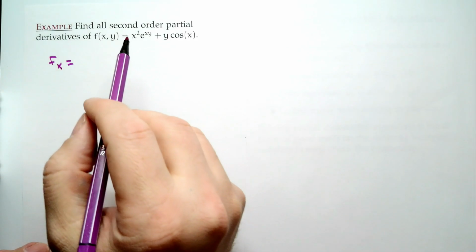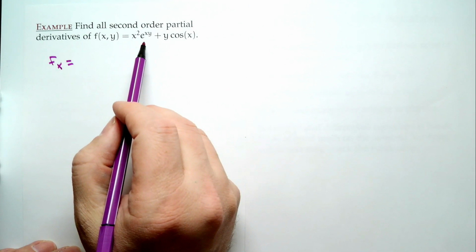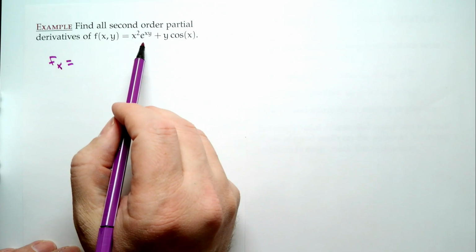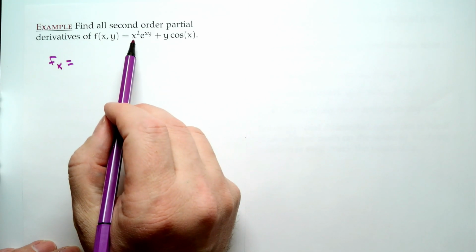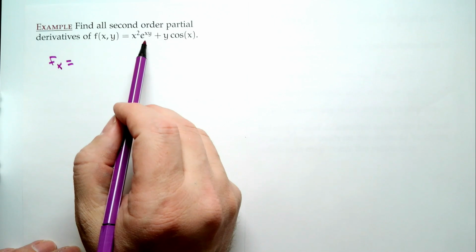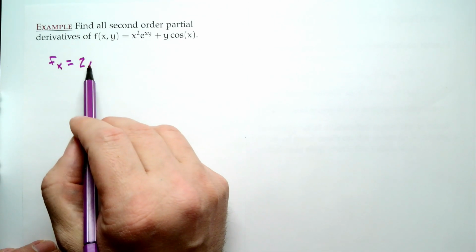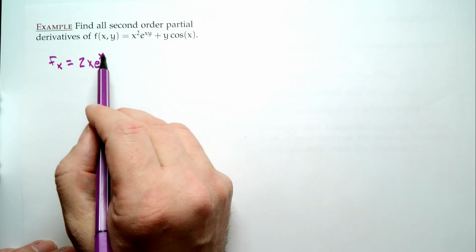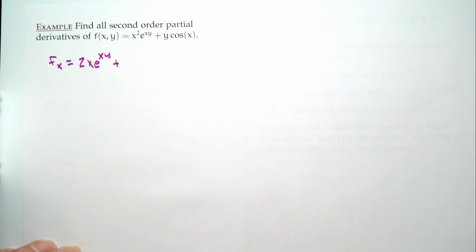Derivative of x squared e to the xy with respect to x. What rule will I need to use? Product rule, because I have 2 things changing, the x squared and the e to the xy. So the derivative of the first with respect to x, 2x e to the xy, plus, go to the next one, x squared times the derivative of e to the xy.